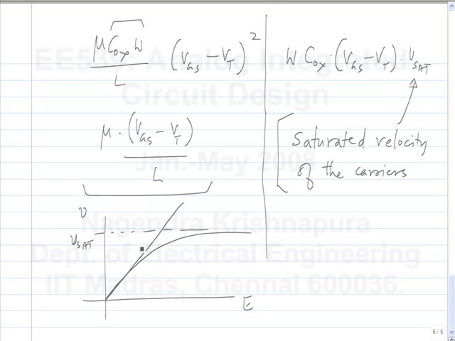This depends on how much field you try to apply. If you are operating here, then there is no velocity saturation, and if you are operating here, it is neither constant nor directly proportional to the electric field. So there will be some smooth transition between the two. It goes from being roughly like square law for long channel lengths to somewhat being proportional for shorter channel lengths. Okay, there are a lot of other complicated short channel effects as well, but this is one important thing.